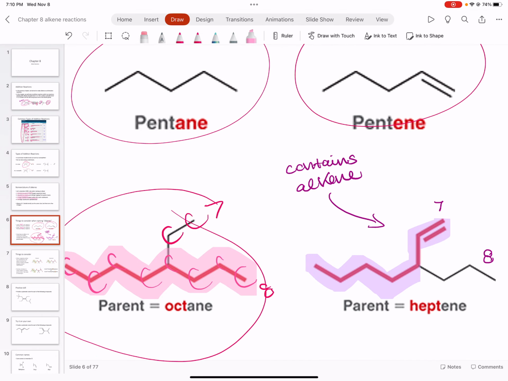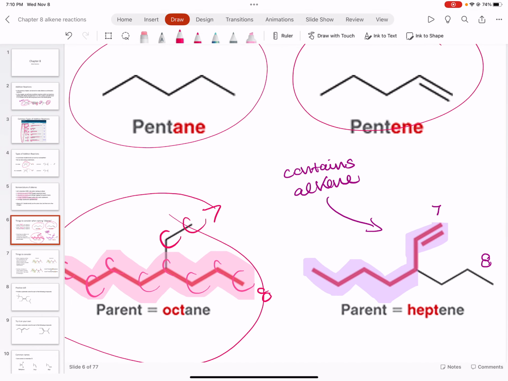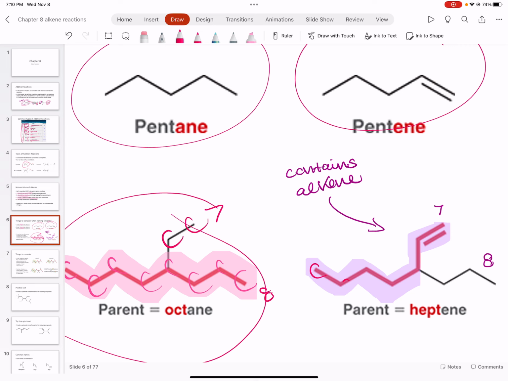But instead, in here we will have 1, 2, 3, 4, 5, 6, 7, 8. In this I will have 8, but then 1, 2, 3, 4, 5, 6, 7. In here we will have 7.